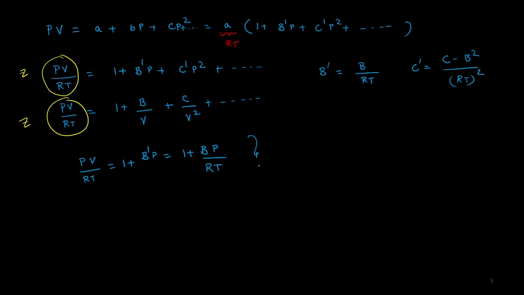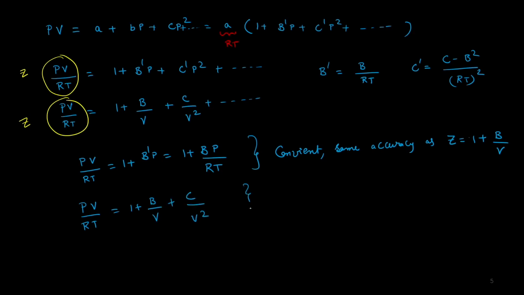This equation is convenient and has the same accuracy as Z is 1 plus B by V. On the other hand, if I need more than one term in P, then the second form, which is this, has better accuracy.